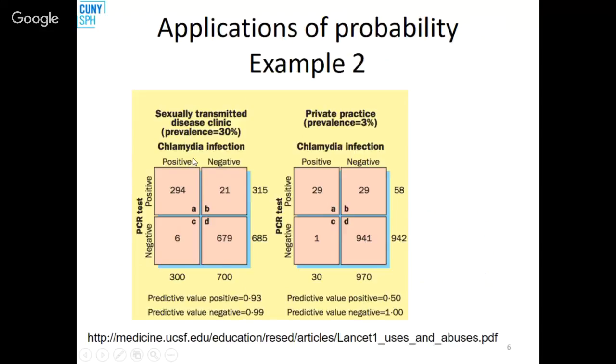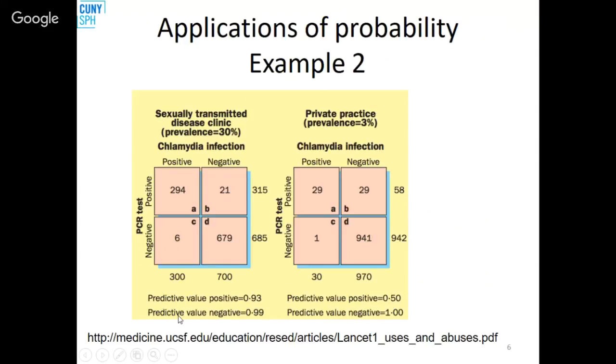So here, this column is those who received a positive test for the screen. And from the gold standard, we know that 294 out of the 315 really have chlamydia. From that, we calculate positive predictive value. It's 294 divided by 315, which works out to 0.93.